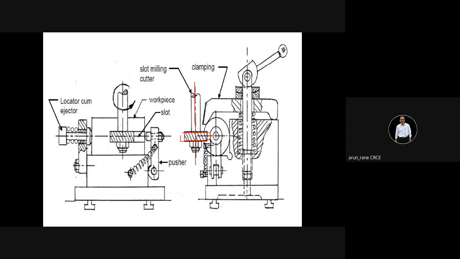If you look in this direction, that is the right hand side, left hand side view, you will see this as a support piece, and this is your locator, and it will also act as an ejector. Generally loading and unloading is done manually in a fixture because the components are heavy.